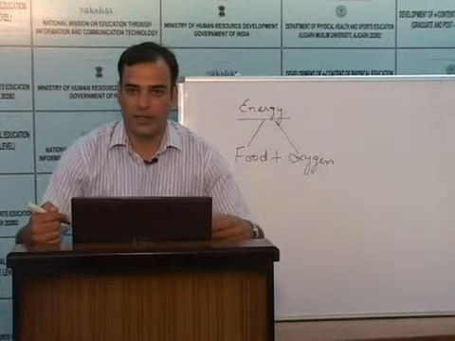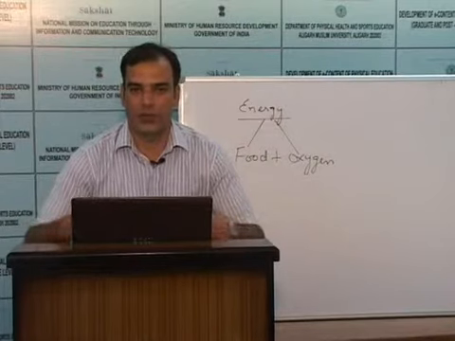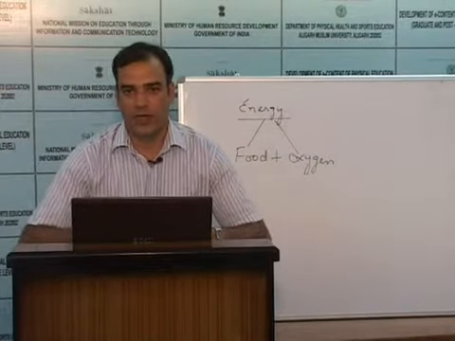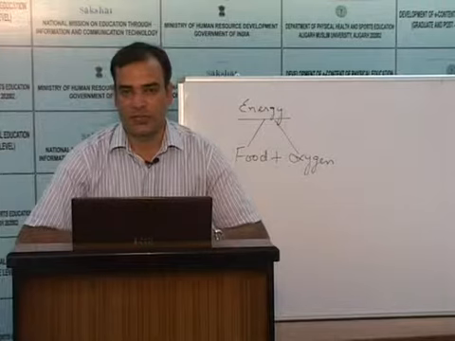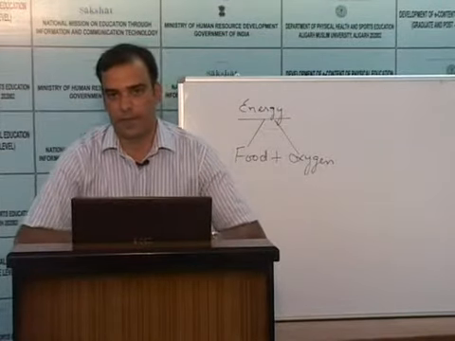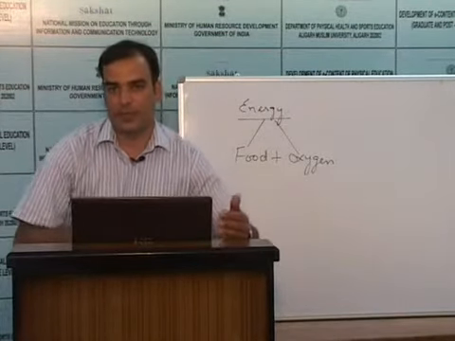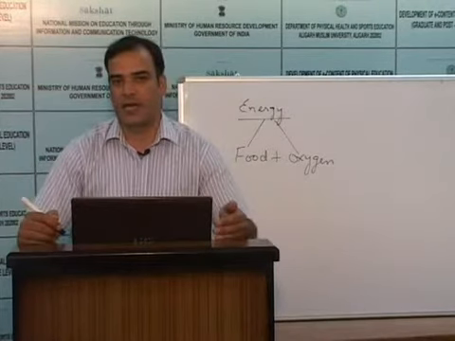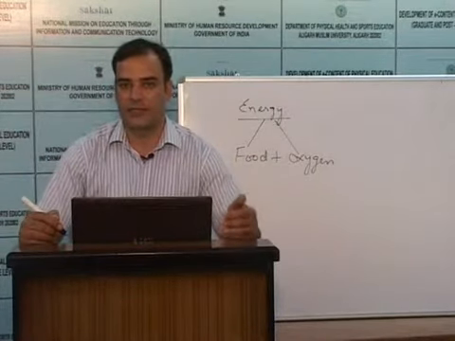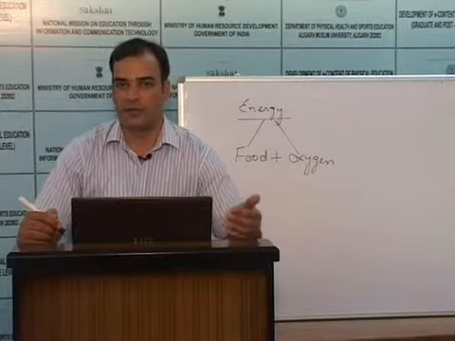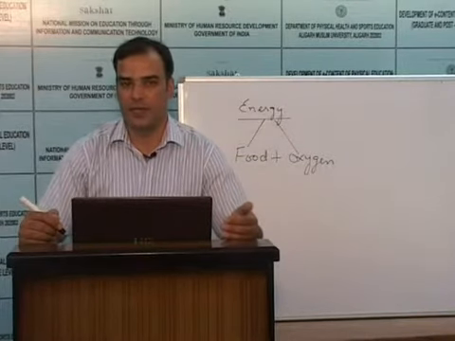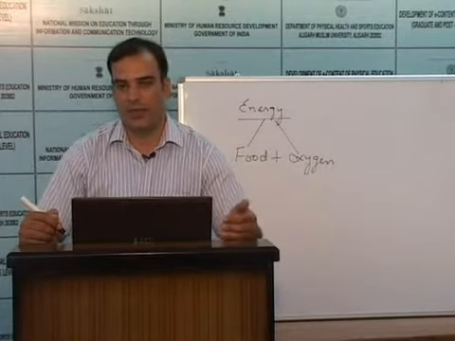Or we can say, when our cells use oxygen and food to derive energy, this process is called metabolism. So, by the process of metabolism, our cells derive energy, and this energy is used to perform different functions of the cell and body as a whole.